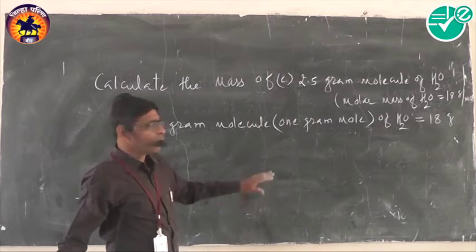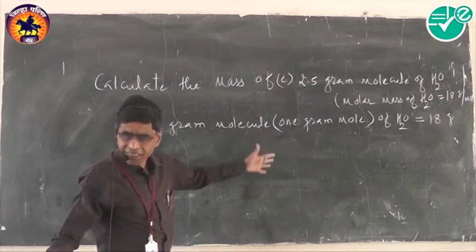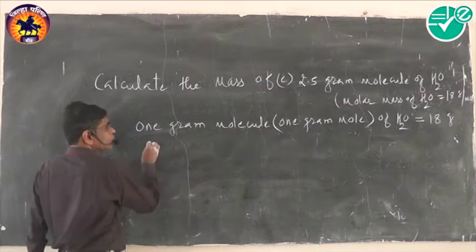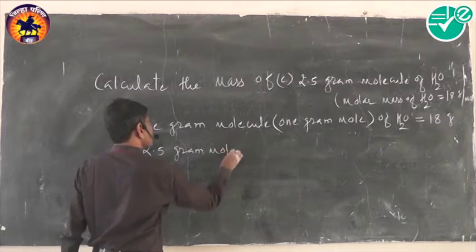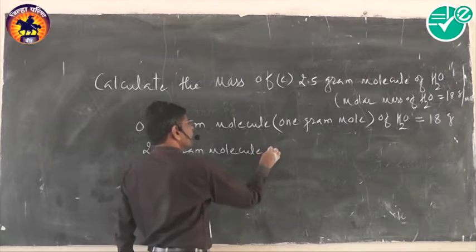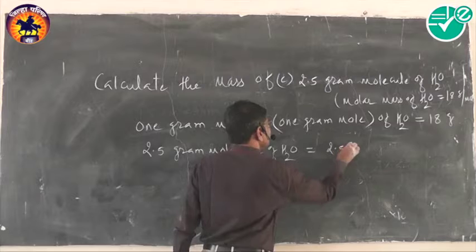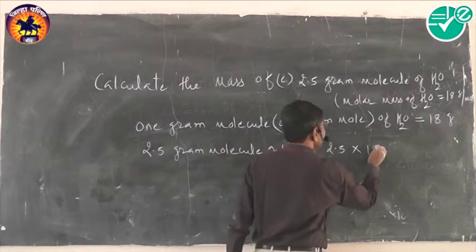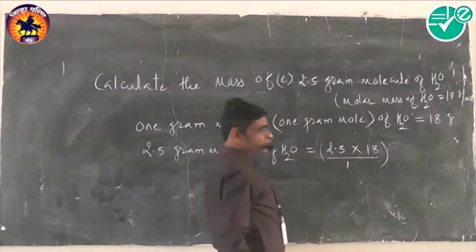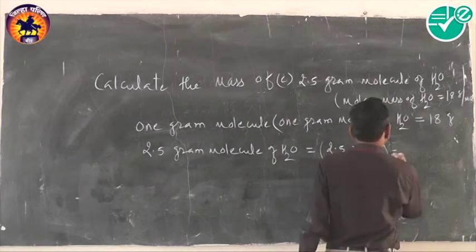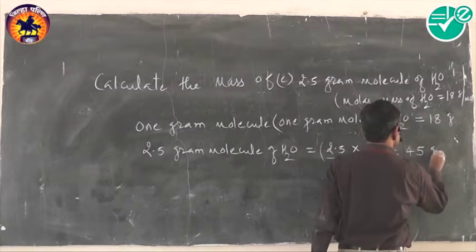And so 2.5 gram molecule of water is equal to 2.5 multiplied by 18 divided by 1, which is 45 gram.